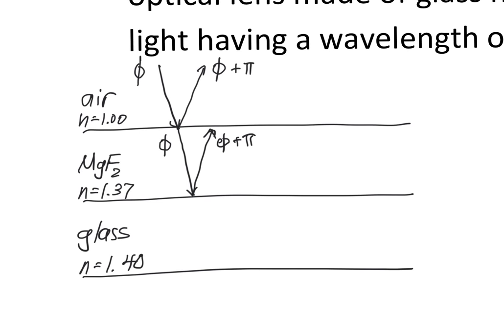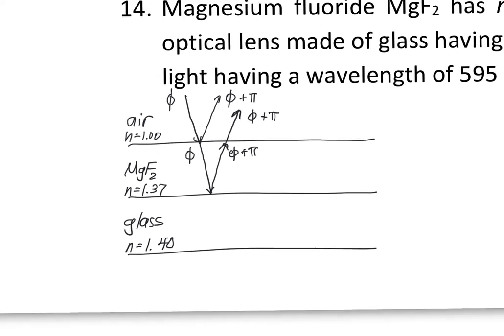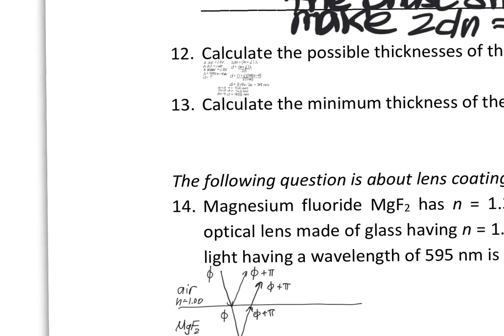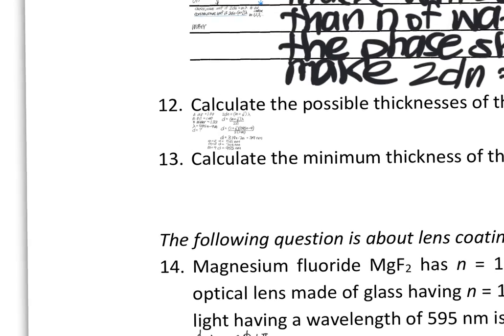And then as that transmits from the magnesium fluoride back out into the air, that transmitted ray has the same phase as the original reflected ray that reflected off of the air magnesium fluoride boundary, which is a different phase relationship. Call it what you will.